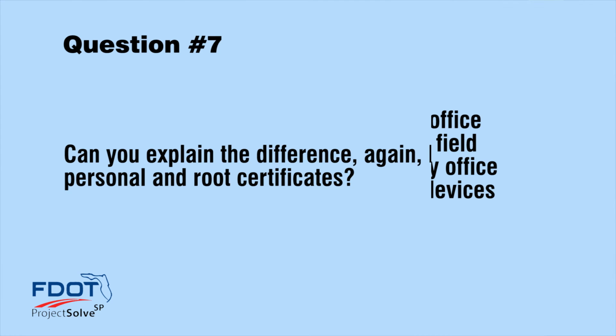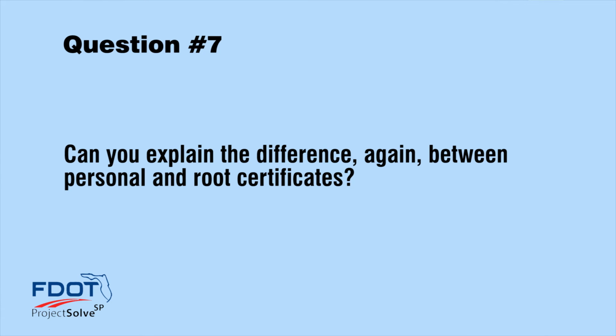Right. One of the other questions I've seen is, can you explain the difference again between a personal and a root certificate? Basically, your personal certificate is your personal identity. It includes your private key and your public key. So any document you sign, you will be signing using your personal certificate.